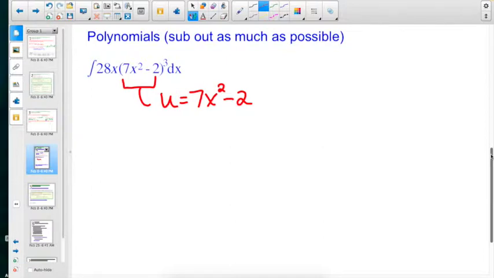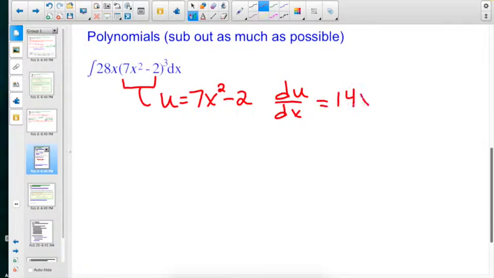Okay, if we can, let's do that so that we don't have this complicated thing in the brackets. If I call this U, then what is the derivative? If I took the derivative with respect to x, right, that's my variable that I'm working with here. What's the derivative of 7x squared minus 2?